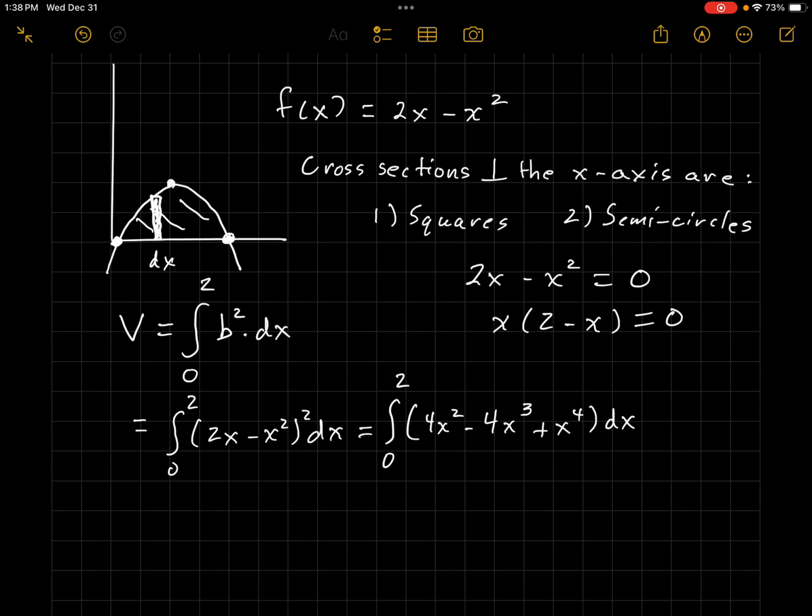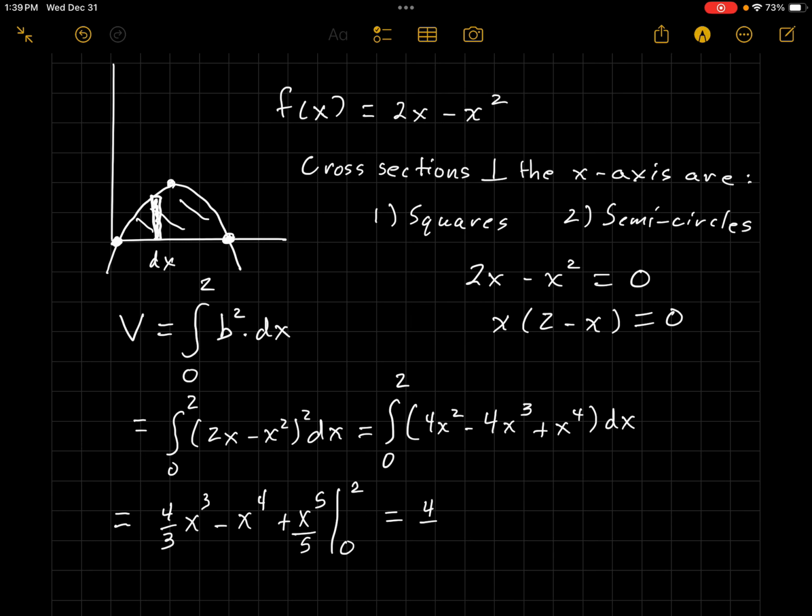Now we're just doing power rules and constant rules. So I'll find the antiderivatives of each piece, as such. Then we can plug in the top limit.